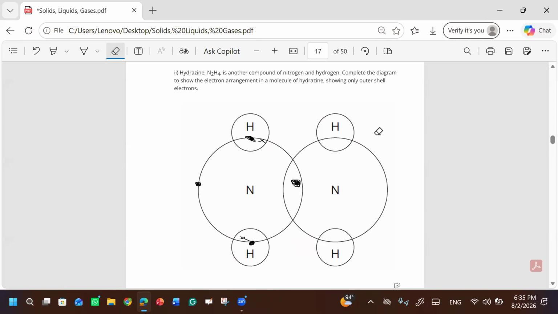If you see, this one is one, two, three, four, five, six. Do this, then I will tell you.